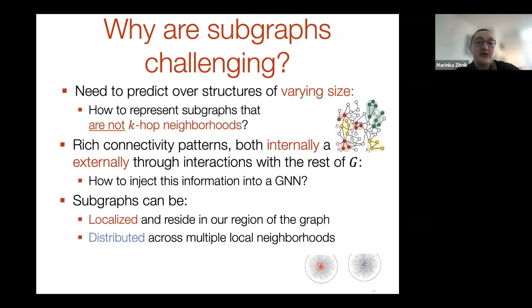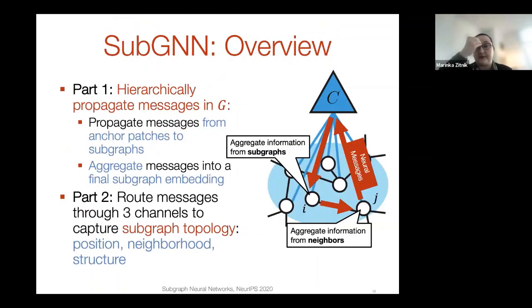So the subgraph neural network addresses these challenges, and the way it does that is through an algorithm that has 2 core components. So these 2 core components are the following. In part 1, SubGNN specifies a neural message passing architecture.